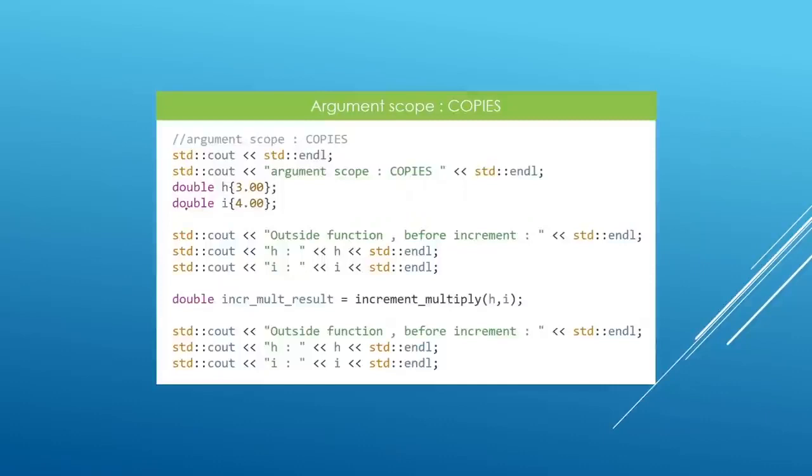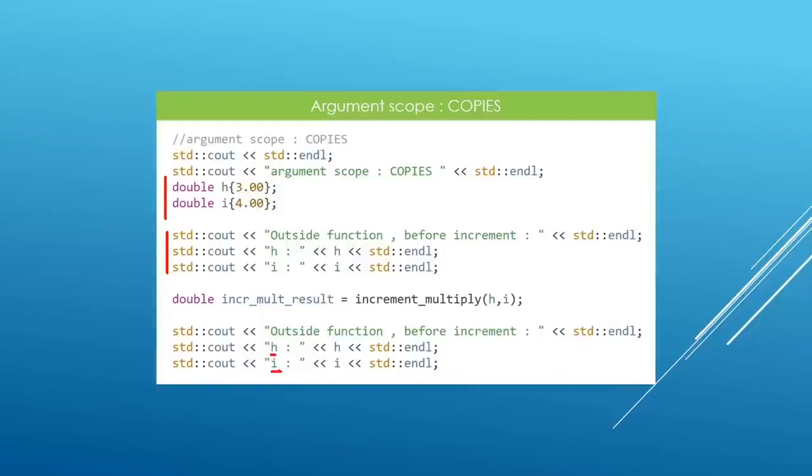Here is a simple example of how you can call that function. We have two variables, h and I, and we are going to print them out. After that, we're going to call the function. We're going to store the result back in increment result. But the important thing is that we call the function here with h and I. Remember, in the body of the function, we are incrementing h and I as arguments, but the changes we do inside the body of the function are not going to be visible when the function returns.